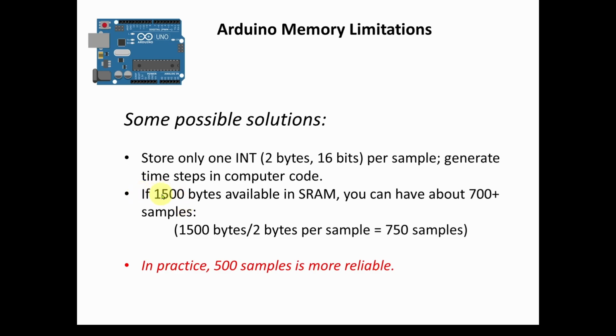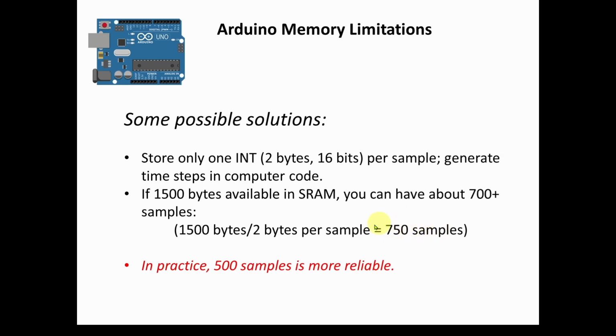For example, if you've got 1,500 bytes available in SRAM after you've got all your other variables, you can have about 700 samples if you work it right. So for example, 1,500 bytes divided by 2 bytes per sample. If we only use 1 int instead of the microsecond value, we instead just store the 0 to 1023 value. 1,500 bytes over 2 bytes per sample means I can get like 750 samples.